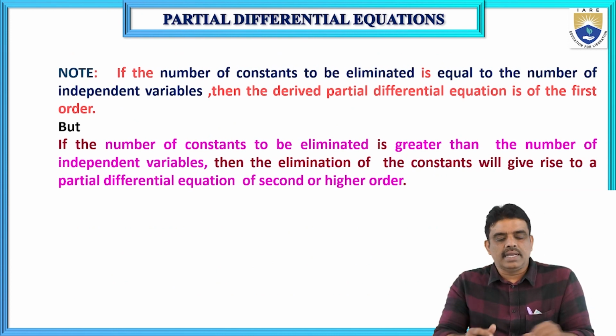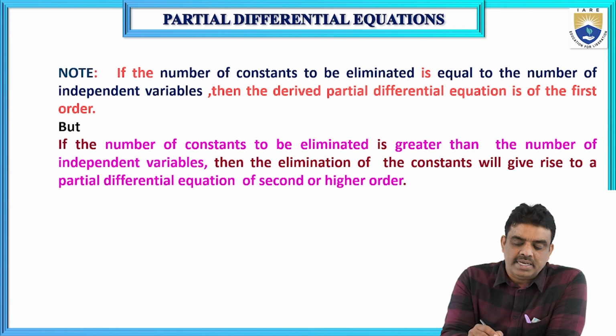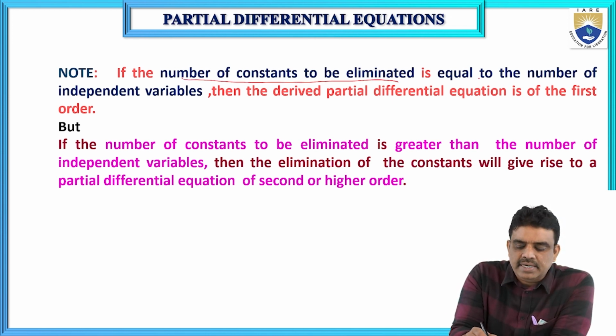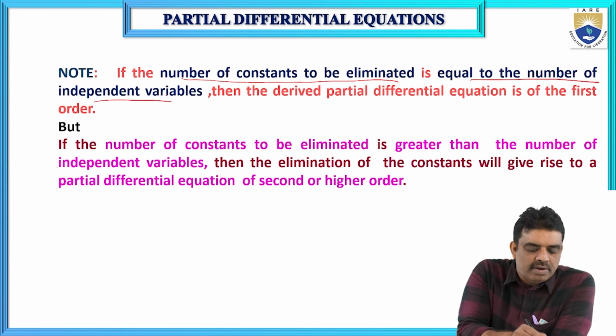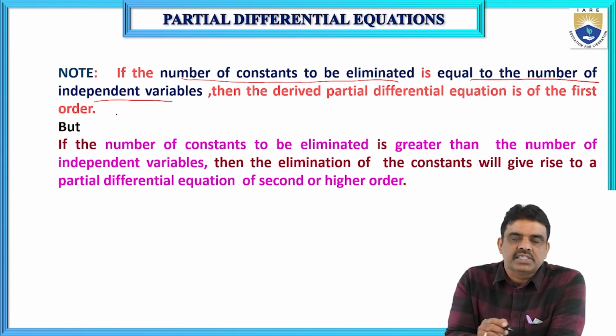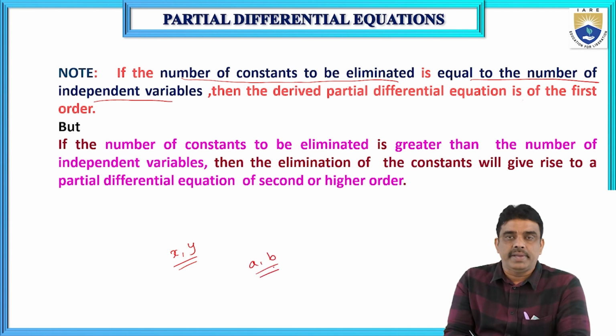Here I have given a small observation. If the number of constants to be eliminated is equal to the number of independent variables, then the derived partial differential equation is of the first order. In the previous example, there are two independent variables x and y, and there are two constants to be eliminated, small a and small b.